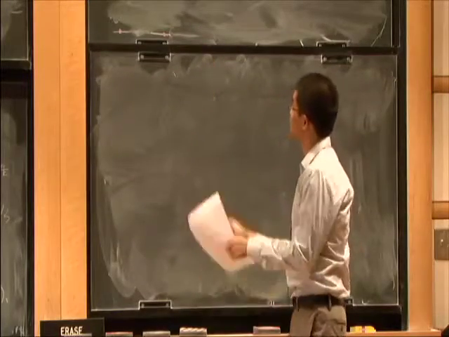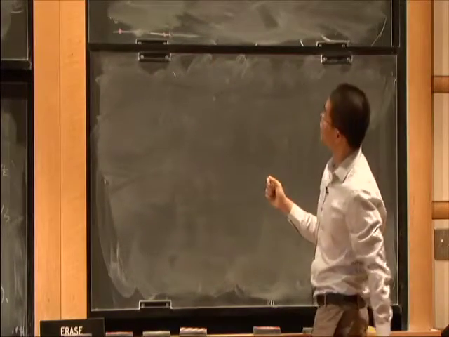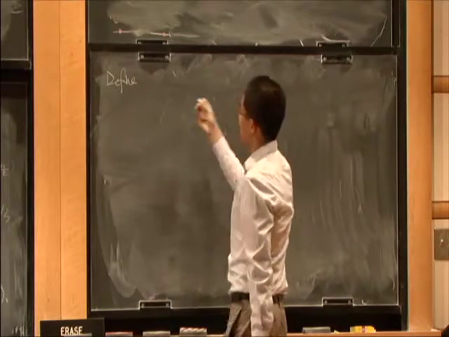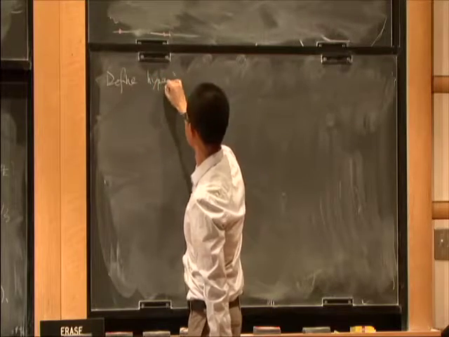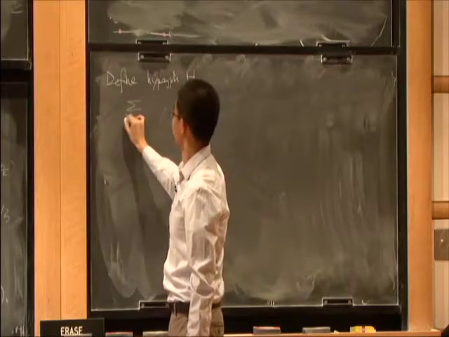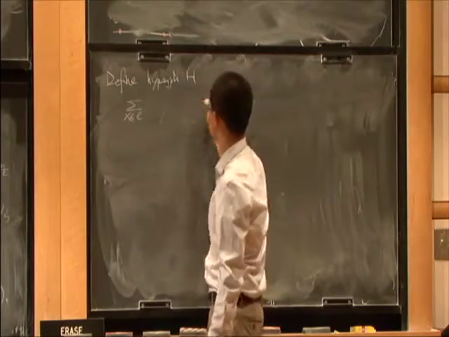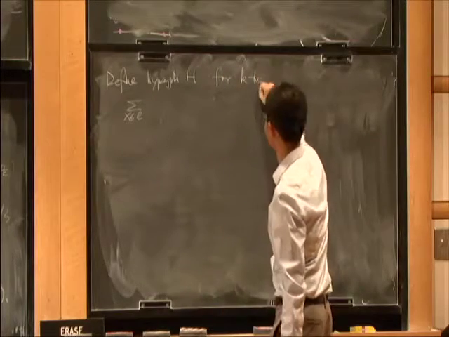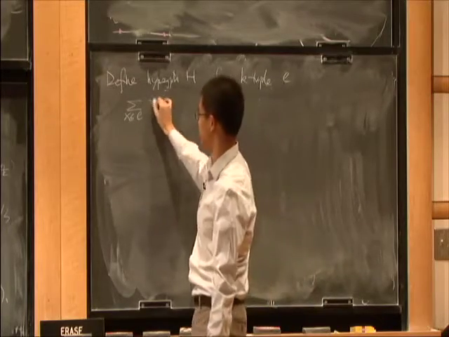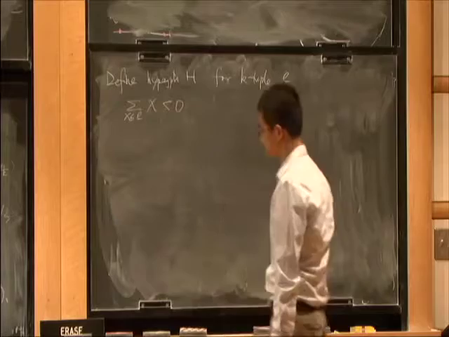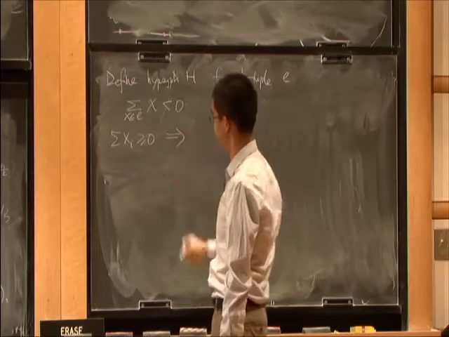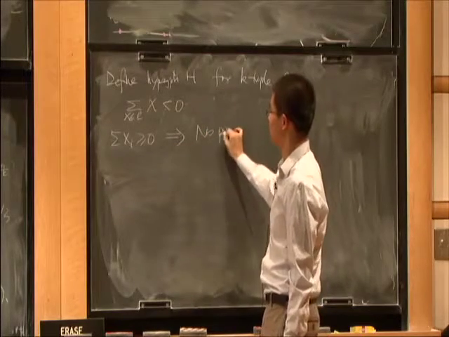So now we can think of this proof from a different perspective. If we define the hypergraph H in the following way: a k-tuple E is an edge in the hypergraph if and only if the sum of its elements is less than 0. Now we can see the condition that the sum of everything is greater than or equal to 0 just implies that there is no perfect matching.